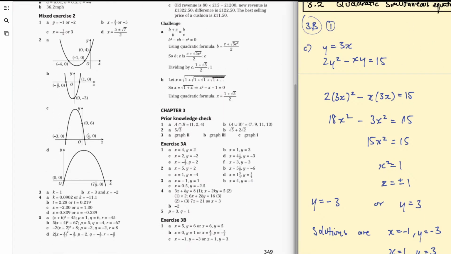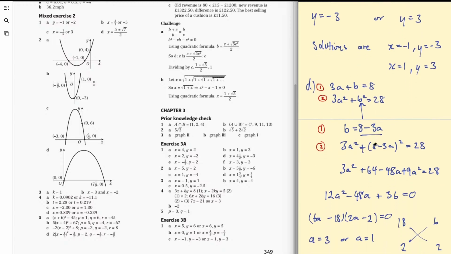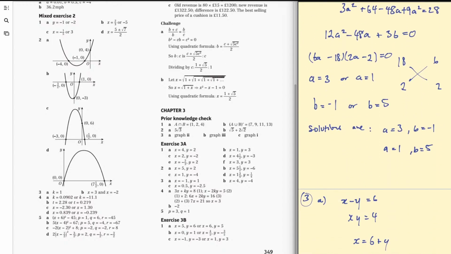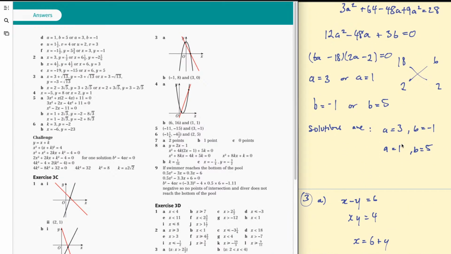Okay, 3b, 1c was -1, -3, and 1, 3. D was A1, B5, and A3, B -1.